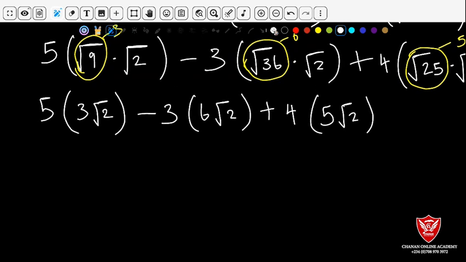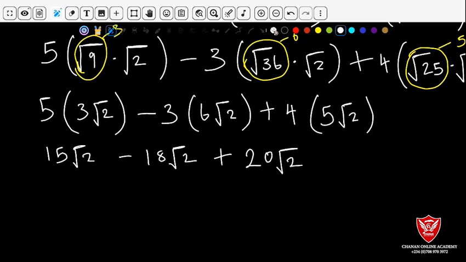So from this point, you can open the bracket. So you multiply the coefficients. That will give you 15 root 2, minus 3 multiplied by 6 root 2, we are going to have 18 root 2, plus 4 multiplied by 5 root 2, we are going to have 20 root 2.